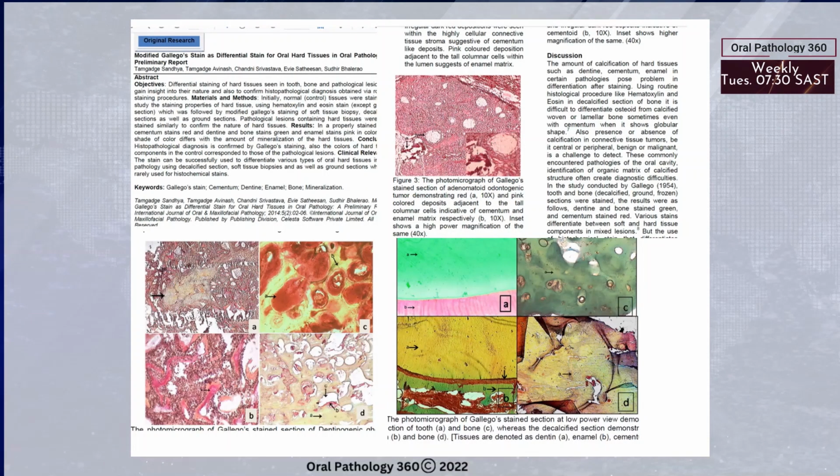This was our first publication on Gallego. So this is the article which we published in 2011, and we stained tooth and various odontogenic lesions, and we got wonderful results.